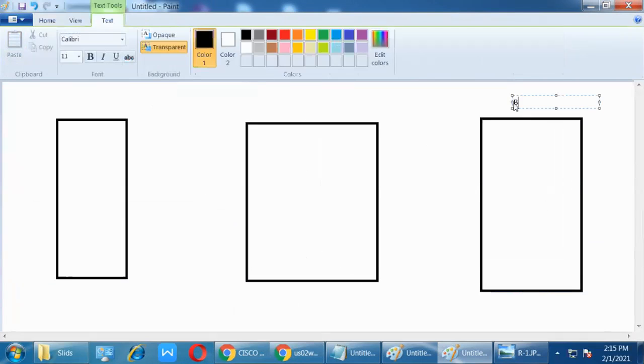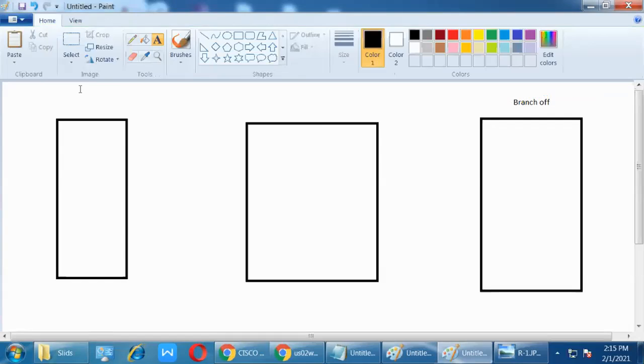So this is, for example, a branch office, and this is my head office.